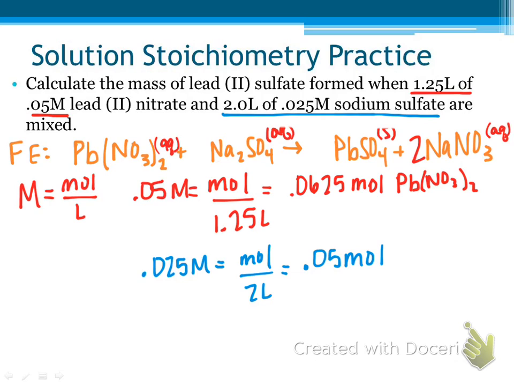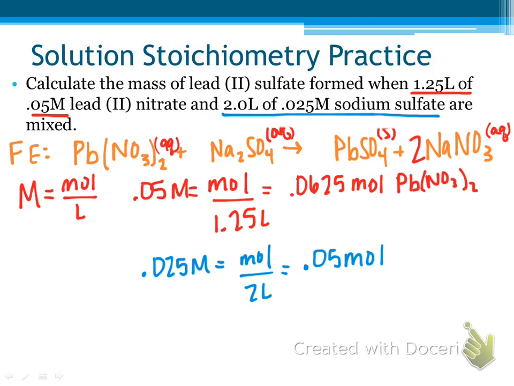So if I need to find my limiting reactant, I need to look at how much of my product I can make from each of these starting amounts, right?